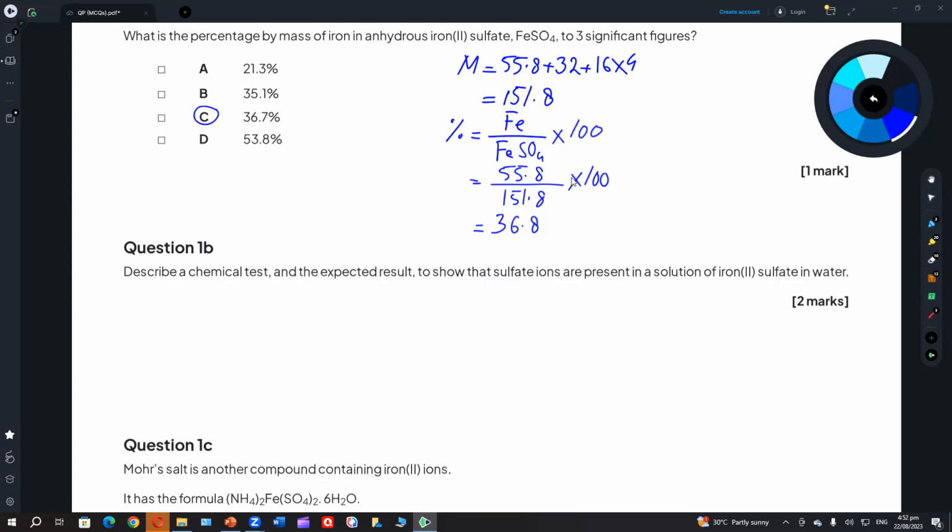It's a test for sulfate. Can you look? I'm trying to find it. I think I had shared the data booklet with you. If you open appendix 9.